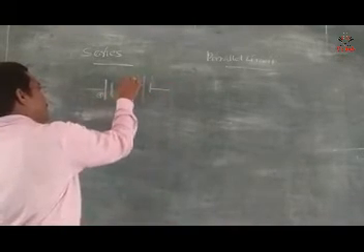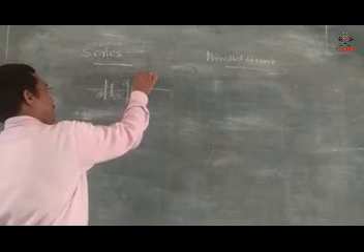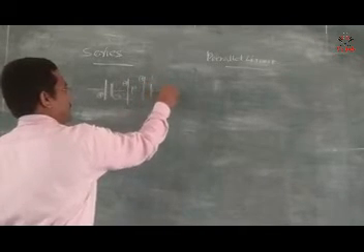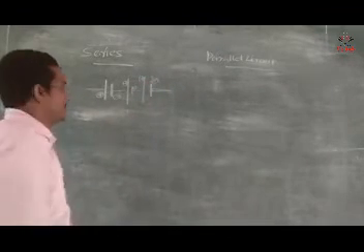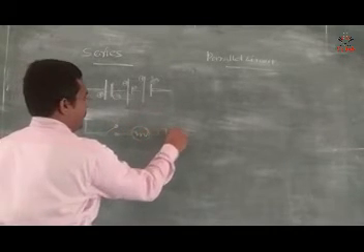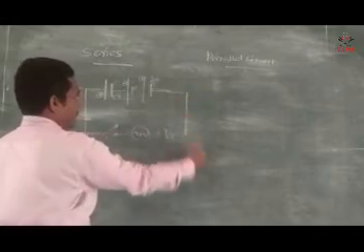Positive, negative, positive, negative. So 3 batteries and a switch, and here a bulb and fuse and wire.